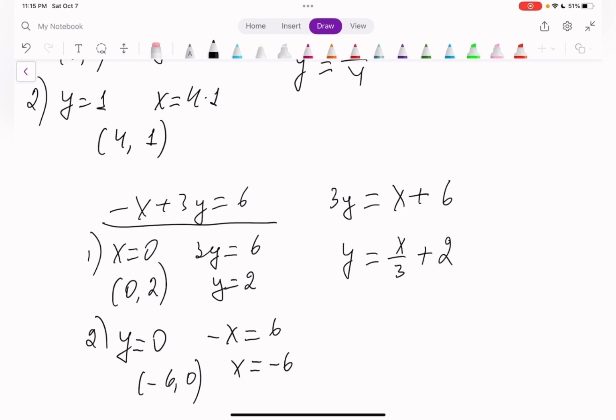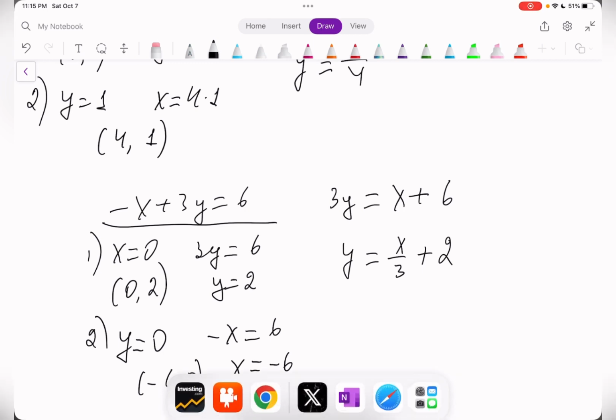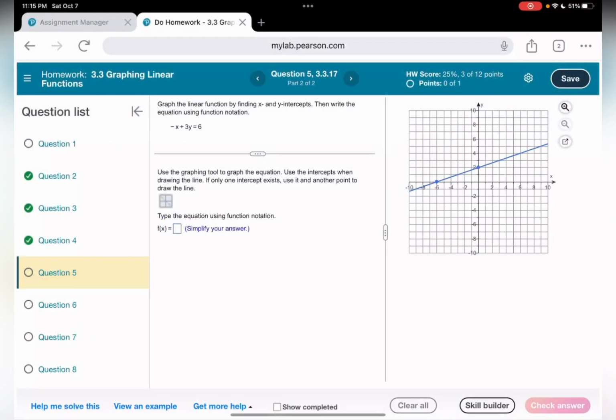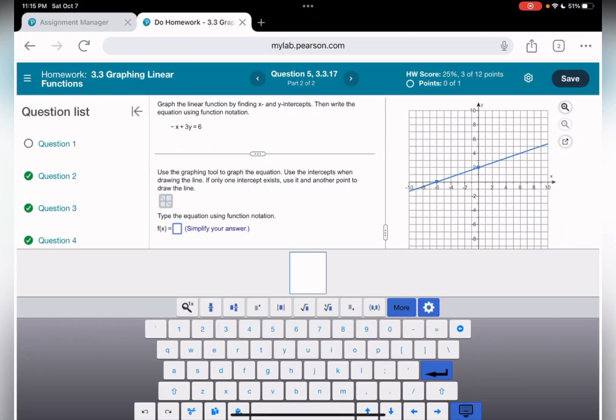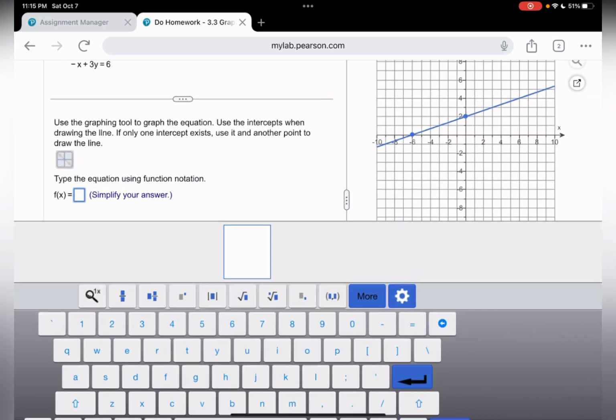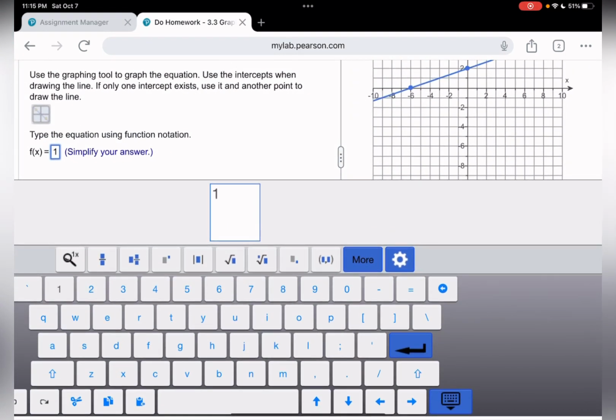It's going to be 2. X over 3 plus 2. Or you can write down 1/3 of x plus 2. Doesn't matter.